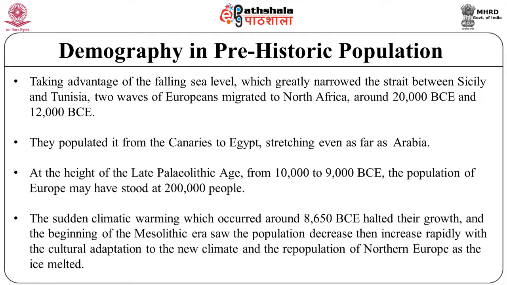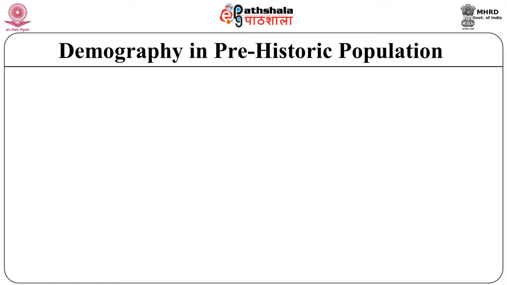The sudden climatic warming, which occurred around 8650 BCE, halted their growth, and the beginning of the Mesolithic era saw the population decrease, then increase rapidly with a cultural adaptation to the new climate and the repopulation of northern Europe as the ice melted.